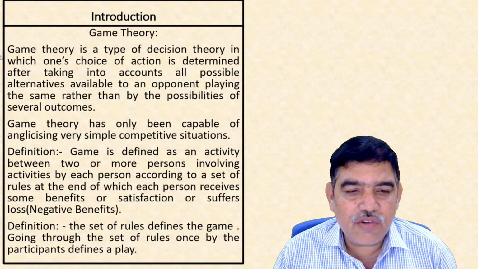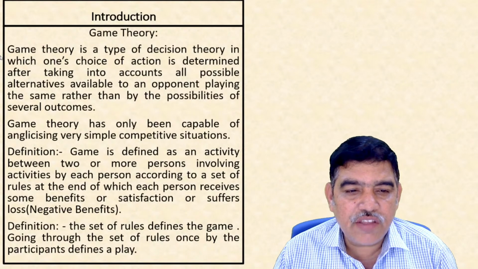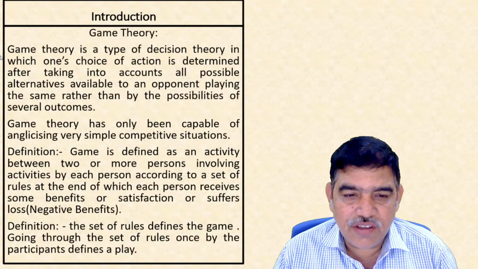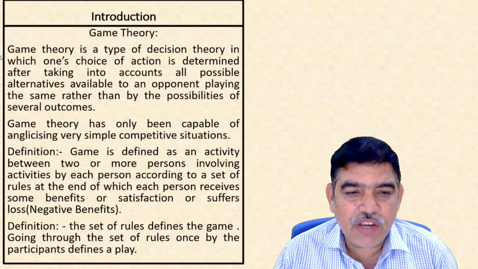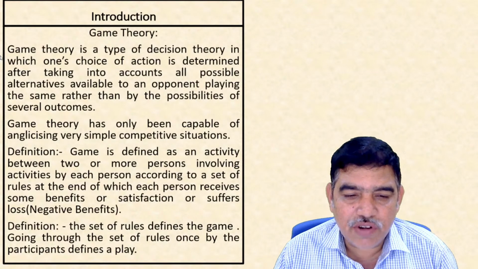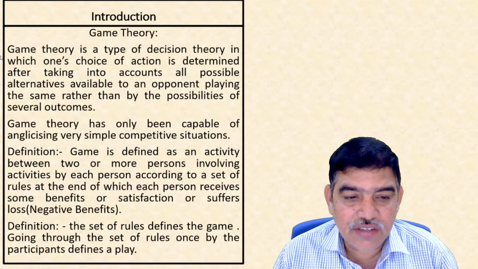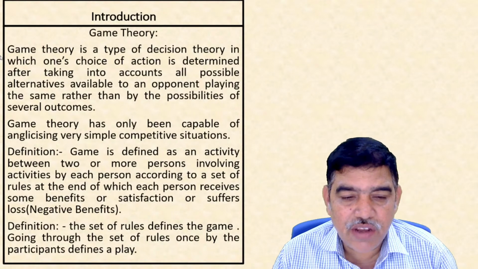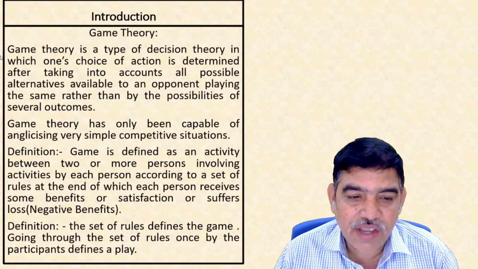All of you know that there are two companies: one is Pepsi, another is Coca-Cola. Both are competitors to each other. Suppose the Pepsi company manufactures 10 bottles and Coca-Cola also manufactures 10 bottles, and in the market Coca-Cola's 10 bottles are sold, but Pepsi's 10 bottles are not sold. So one company gains the profit of 10 bottles and the other company at the same time loses 10 bottles.